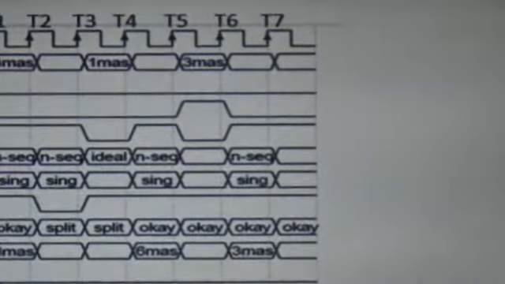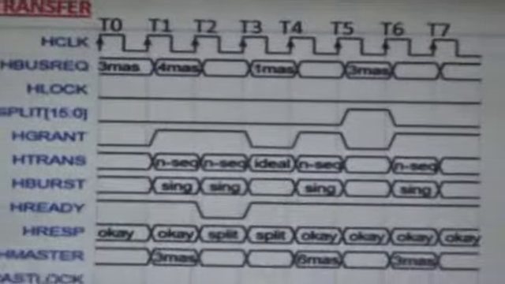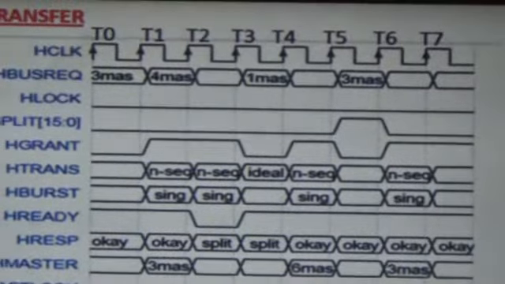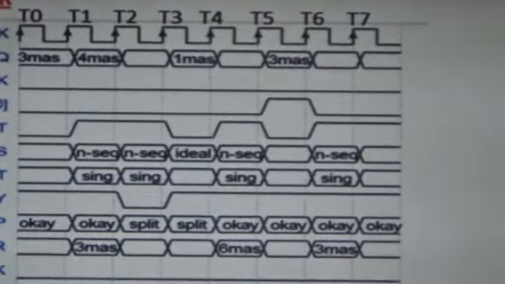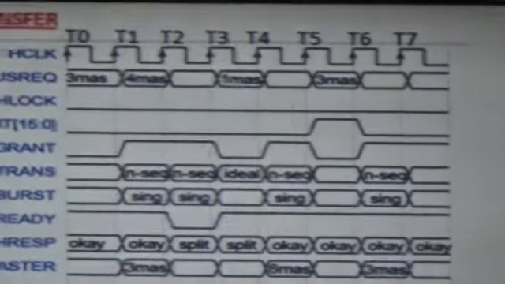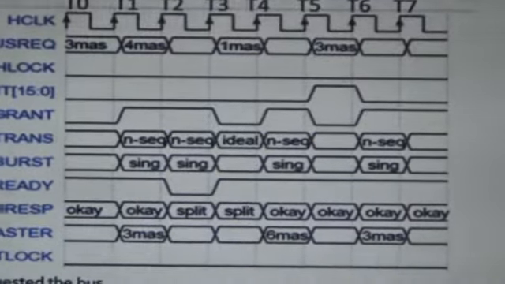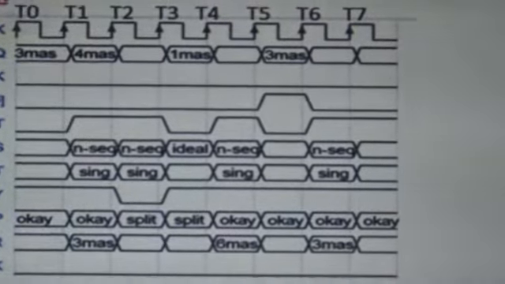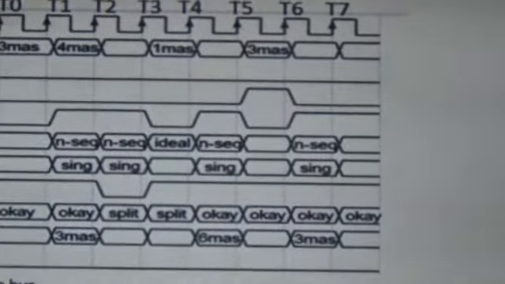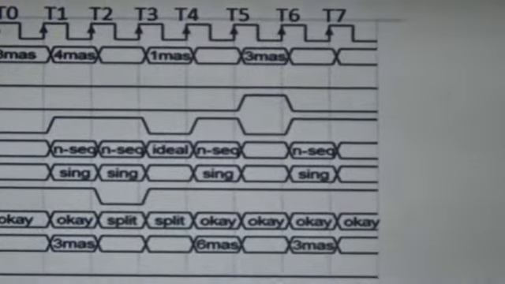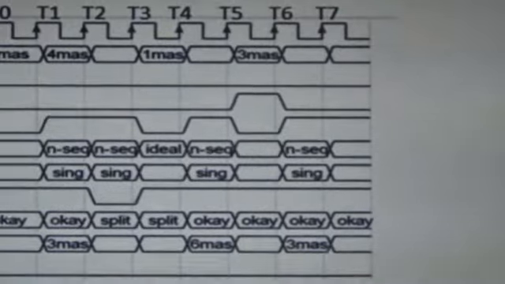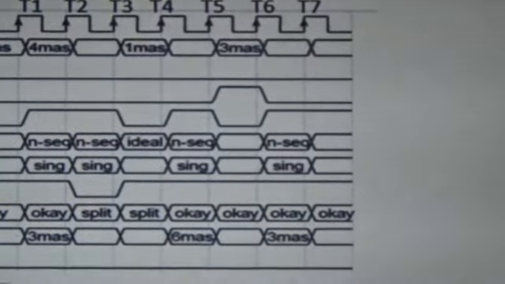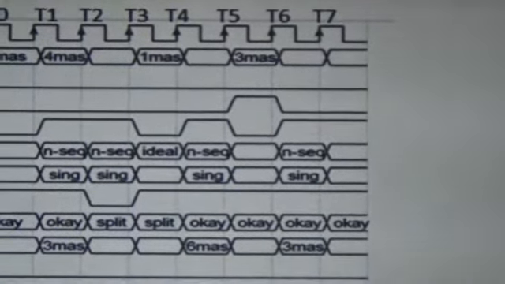In this manner, the thing we need to consider is, at T2 clock cycle the slave response is split, and at T6 clock cycle we have removed the transaction. A new transaction for master 1 has been enabled, and at the fifth clock cycle HSPLIT has again risen high, and again the transaction for which the split response happened is continued here.